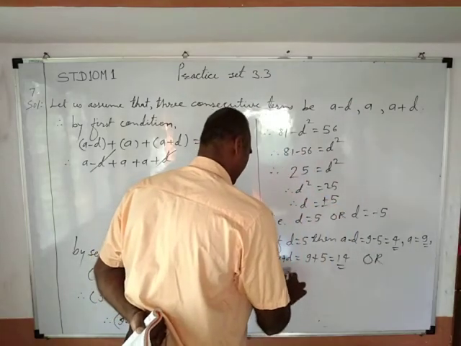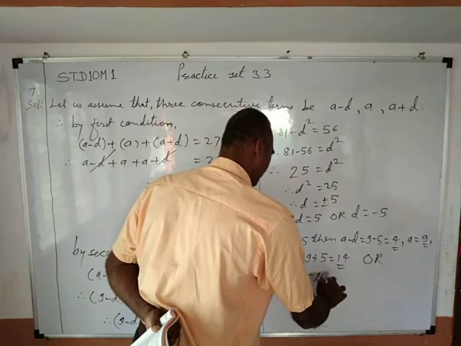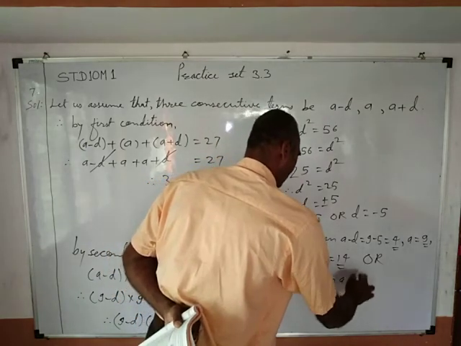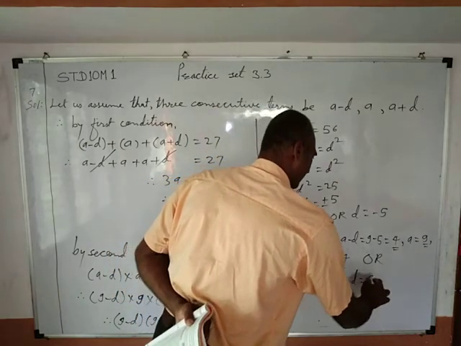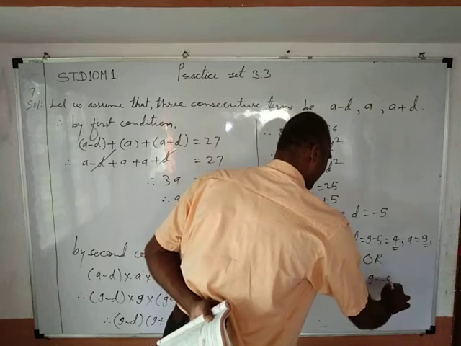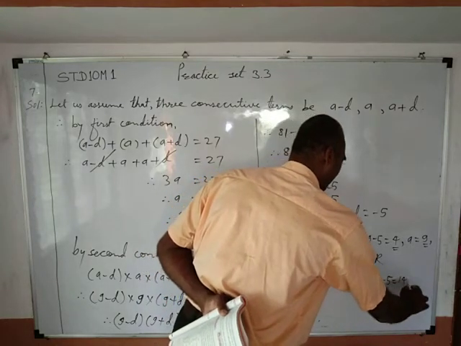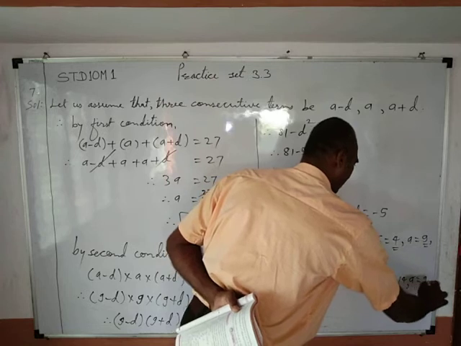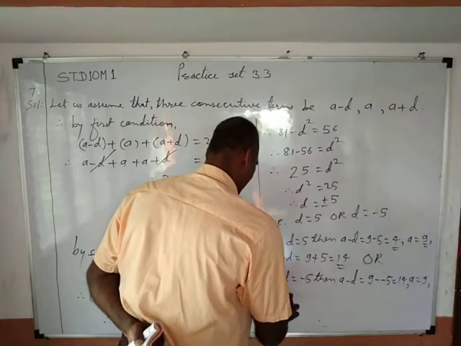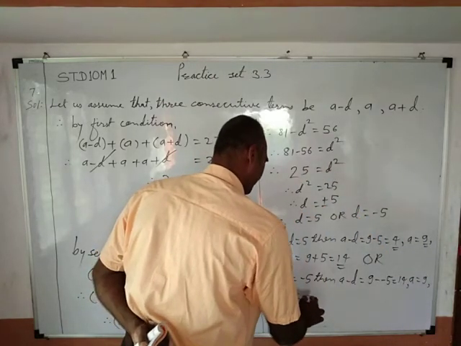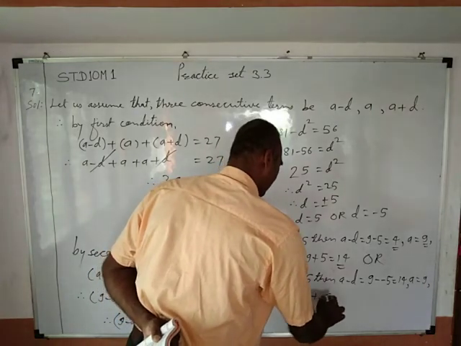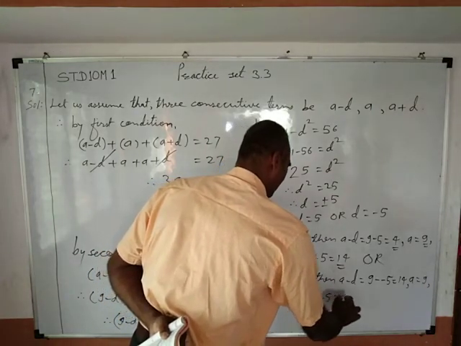Or if D equals minus 5, then A minus D gives us 9 minus minus 5 equals 14, comma A equal to 9, and A plus D gives us 9 plus minus 5 equal to 4.